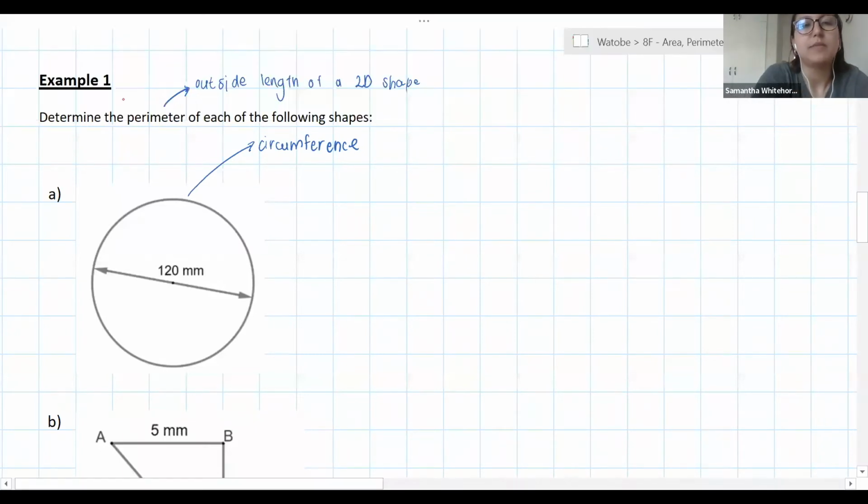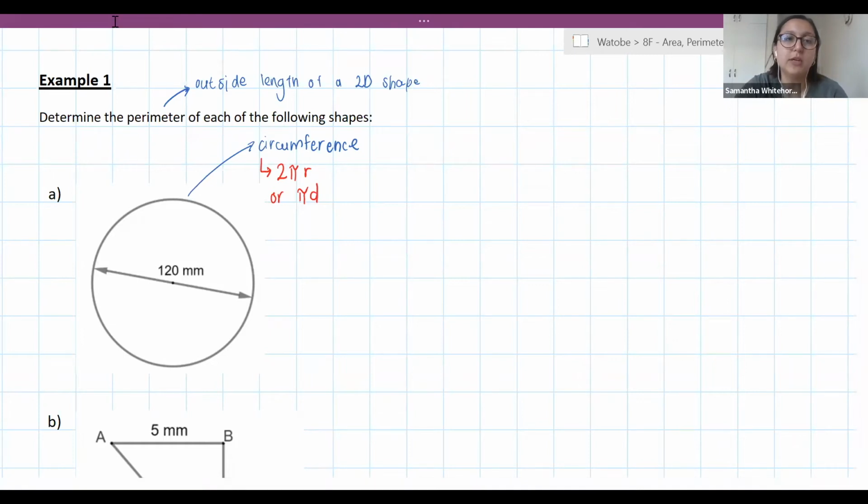Another thing we need to remember is that there's a formula we can use, which is 2 pi r, or you can use pi d. It essentially is the same thing. We generally use 2 pi r though. And if you want to remember just one formula, I would just learn the 2 pi r formula. Really, either one is completely up to you.